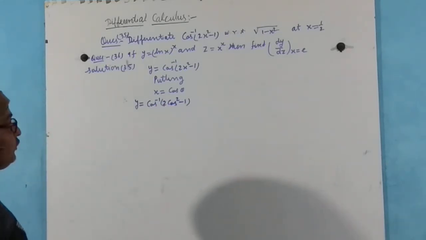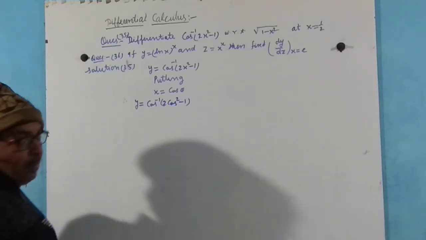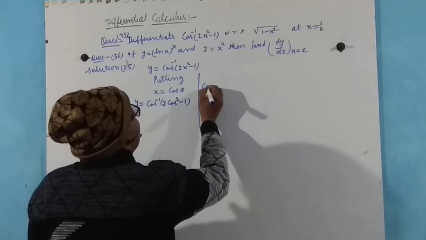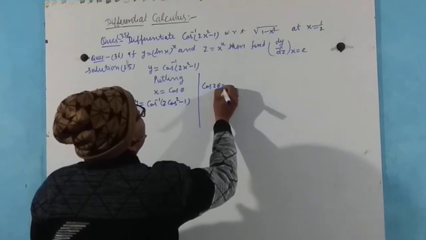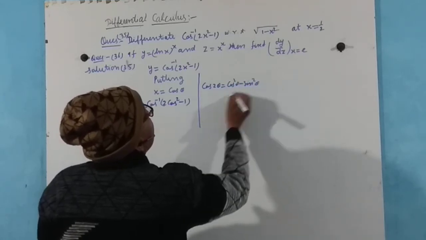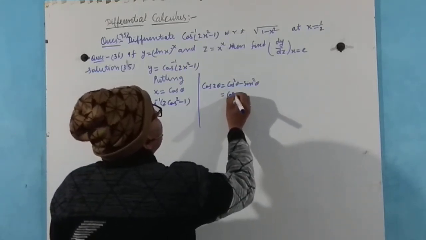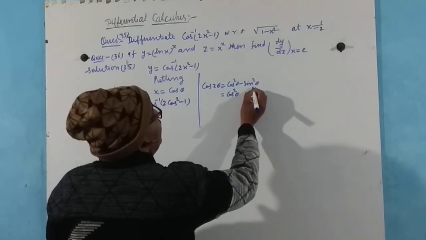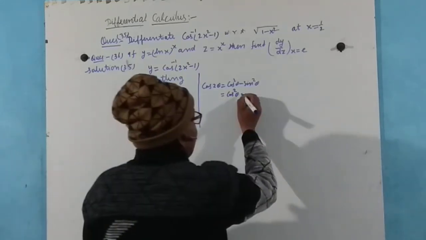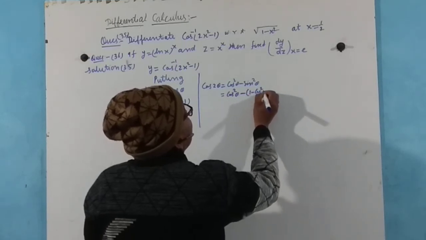and here in this case cos 2 theta equal to cos square theta minus sin square theta. Cos square theta plus sin square theta equal to 1, so that we can write sin square theta as 1 minus cos square theta.